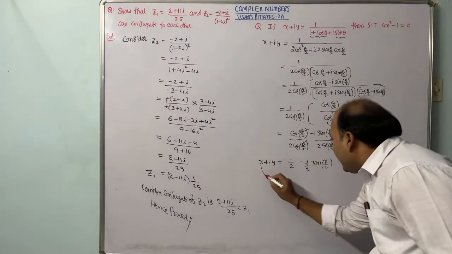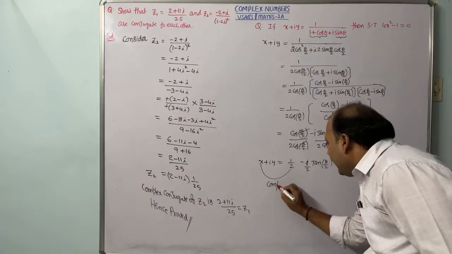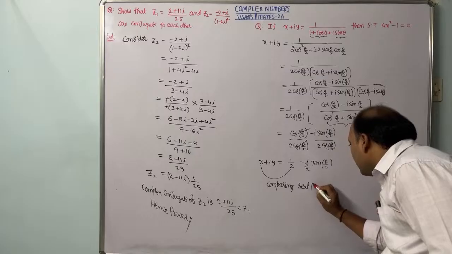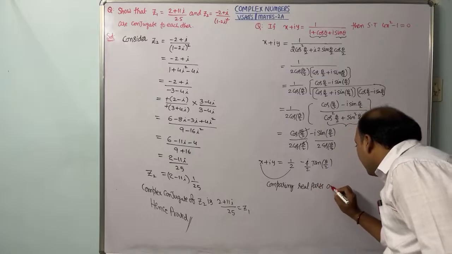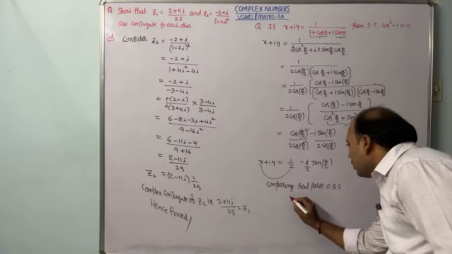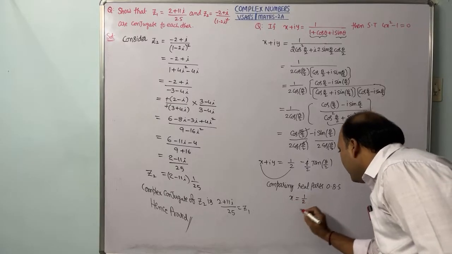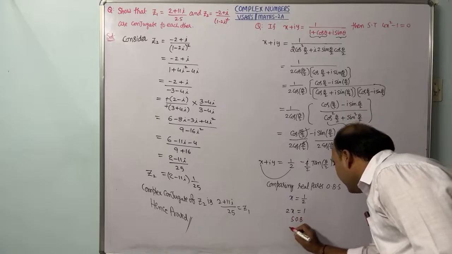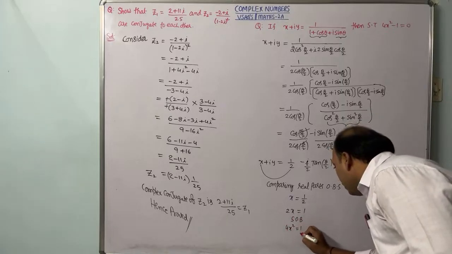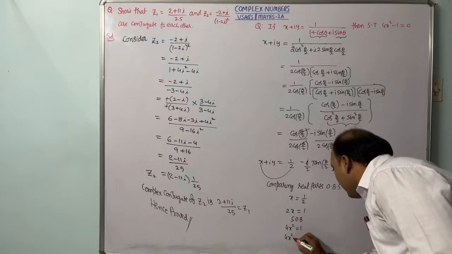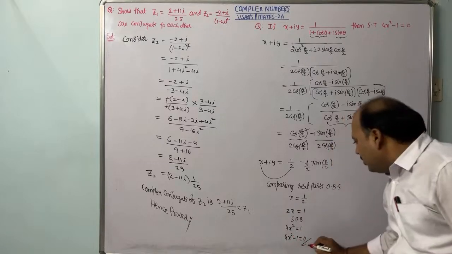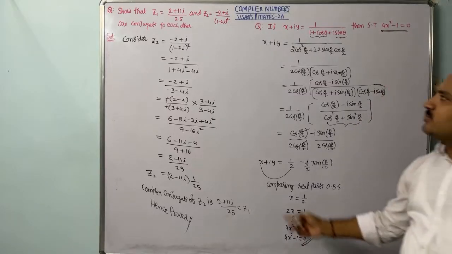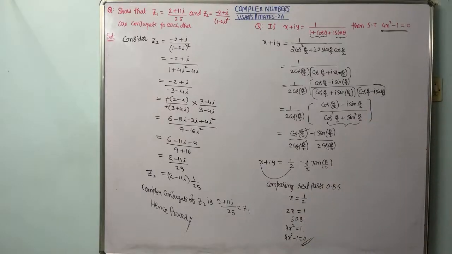So comparing real parts on both sides, x is equal to 1 by 2, so 2x is equal to 1. Squaring on both sides, 4x square equals 1, so 4x square minus 1 equals 0. This is the way we can do it, dear students. They are asking to prove this result, and we got it. I hope you understand.